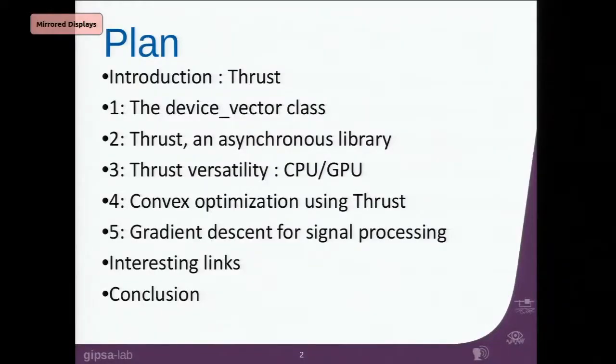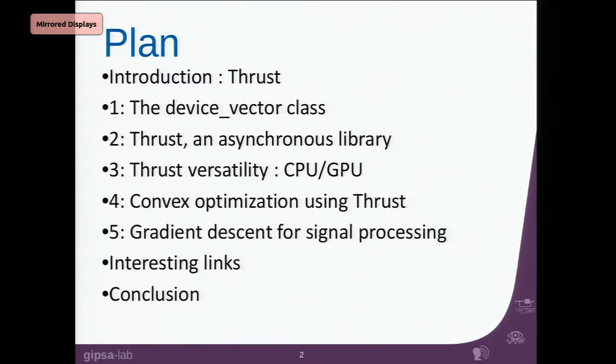So I'll be first diving into code and presenting you a class that is interesting in this library, which is the device vector that somehow mimics the behavior of the standard C++ std vector. We'll talk a bit about the asynchronous way to use this library, as we have seen this morning with Ben.